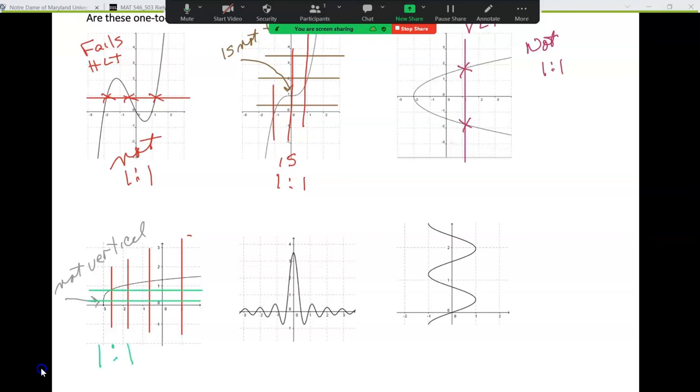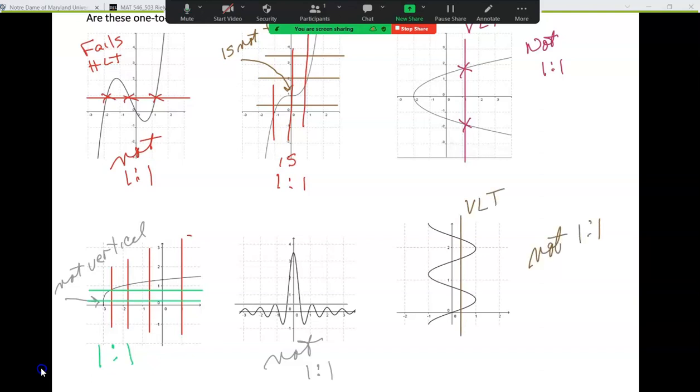Okay, look at this next one. The second I try to do a horizontal line test, look what's going to happen. I'm going to hit multiple places. So this is not one-to-one. And look at this. This last one is not a function because it fails the vertical line test. So therefore, it's not one-to-one.